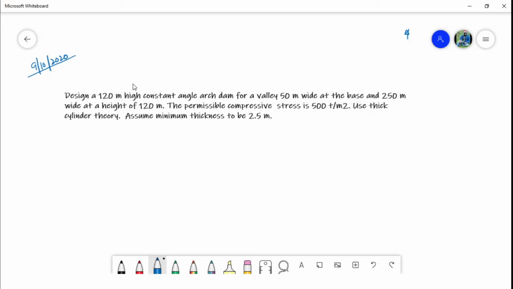In this problem, we are going to design a 120-meter high constant angle arch dam for a valley which is 50-meter wide at the base and 250-meter wide at a height of 120 meters. So first let us draw the valley described in this question.